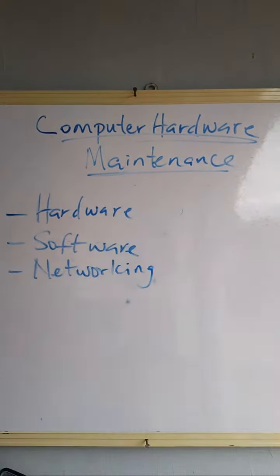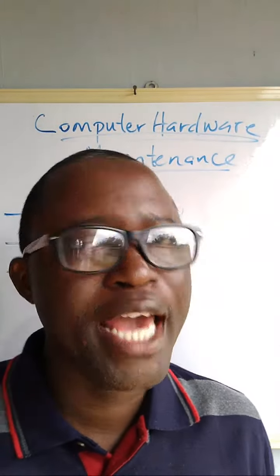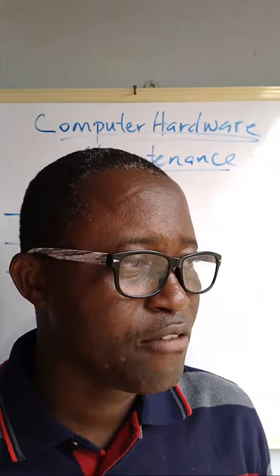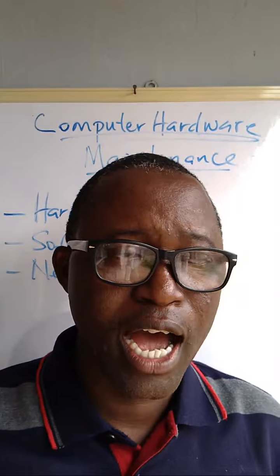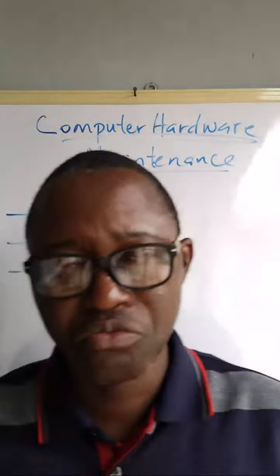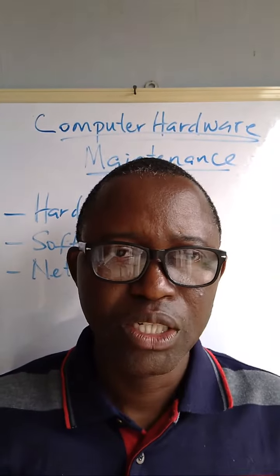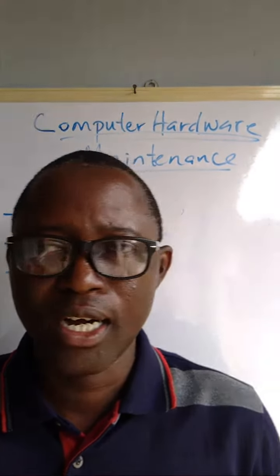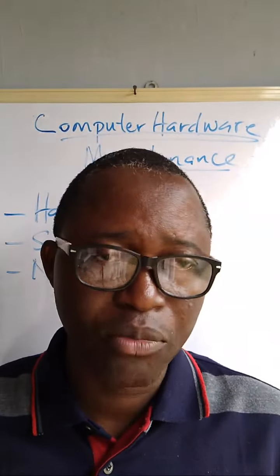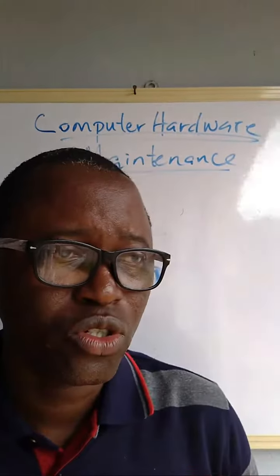Now, a hardware fault can be when any of the hardware of the computer system has a problem. For instance, we have several hardware components in the computer system, which include the motherboard, power supply unit, the RAM, the optical drive, various parts of the motherboard, various attachments like adapter cards that are attached to the motherboard, and so on.